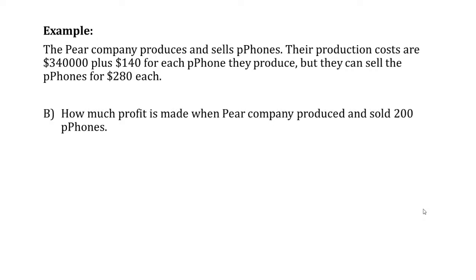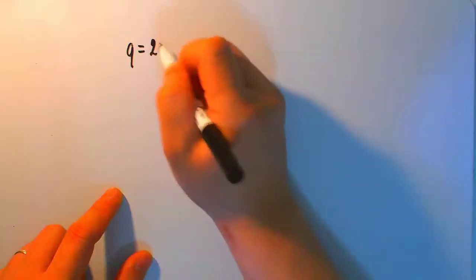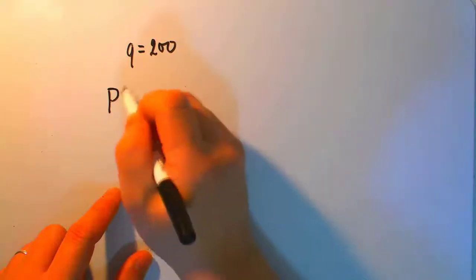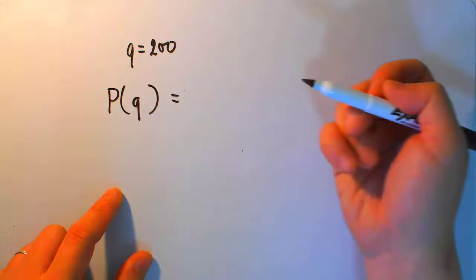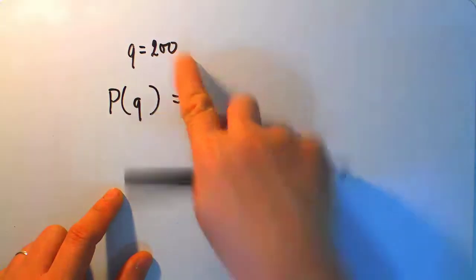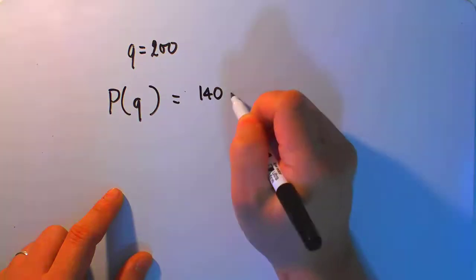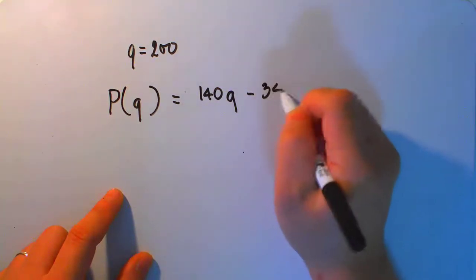So you can see that 200 here, in our functional understanding, is the value we're going to assign for the variable Q. And to remind everybody again, your profit function is generally found to be, at any production quantity, 140 multiplied with Q minus 340,000.